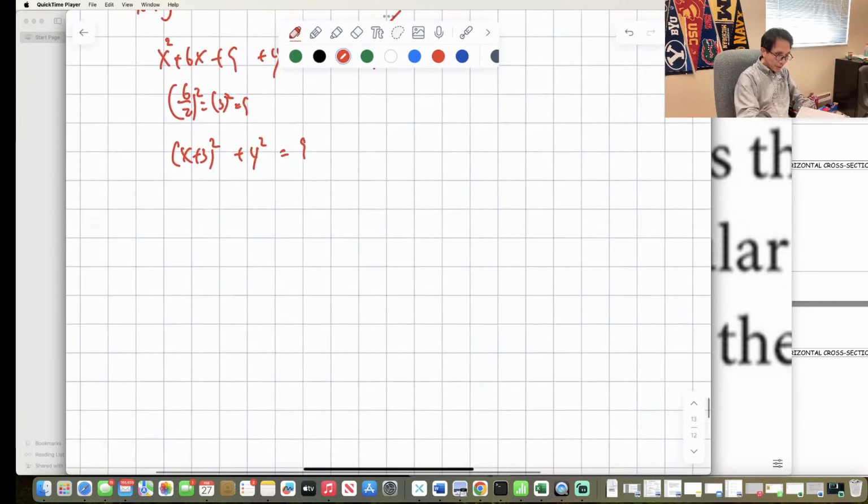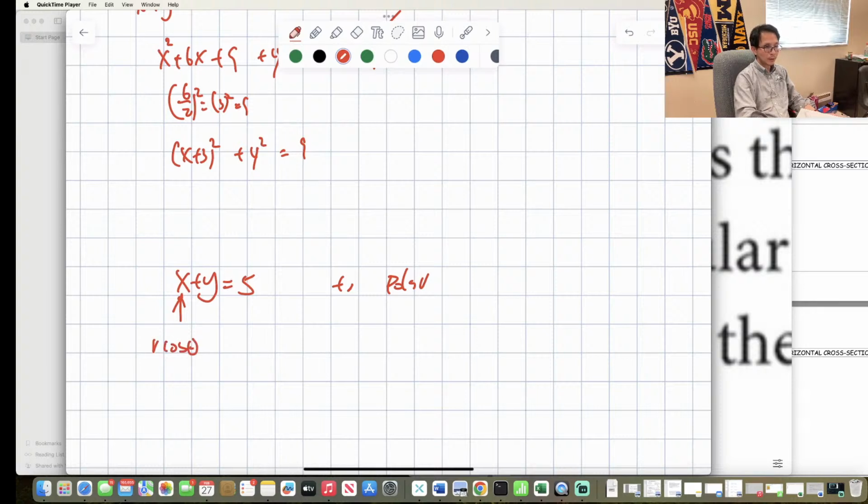We're going to do the last two. How do we convert x plus y equal to 5 to polar? Any suggestions? How do I convert this to polar? Can I just replace the x with r cosine theta and the y with r sine theta?